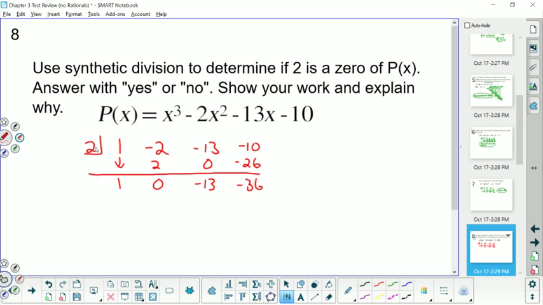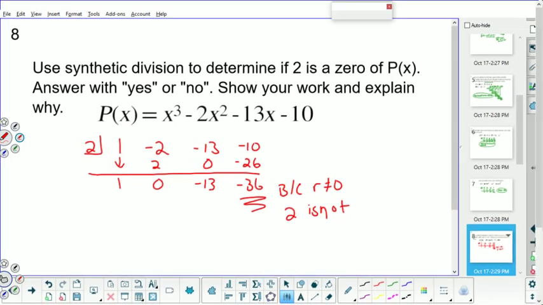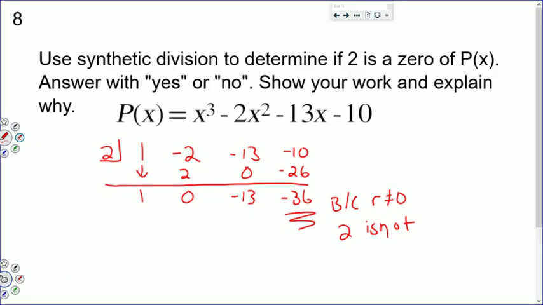So because the remainder is not 0, 2 is not a 0 of p of x.